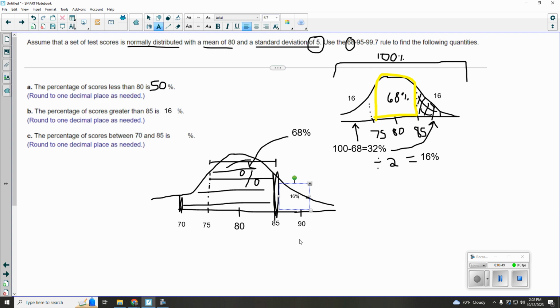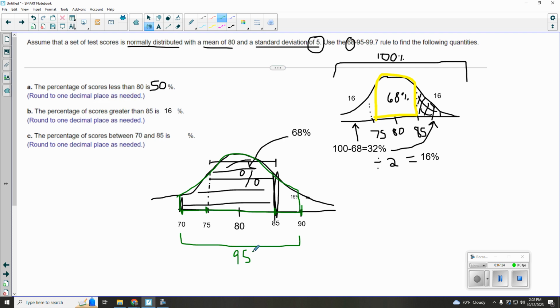So what I need to do is go ahead and find what we're looking at if we go from here all the way over to here. So notice that's within 2 standard deviations, and according to the empirical rule, if we're within 2 standard deviations of the mean, we're at the 95% mark.